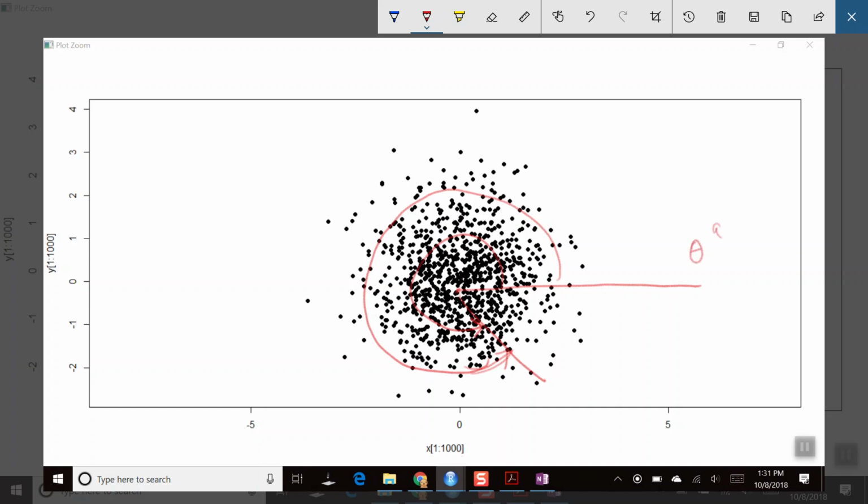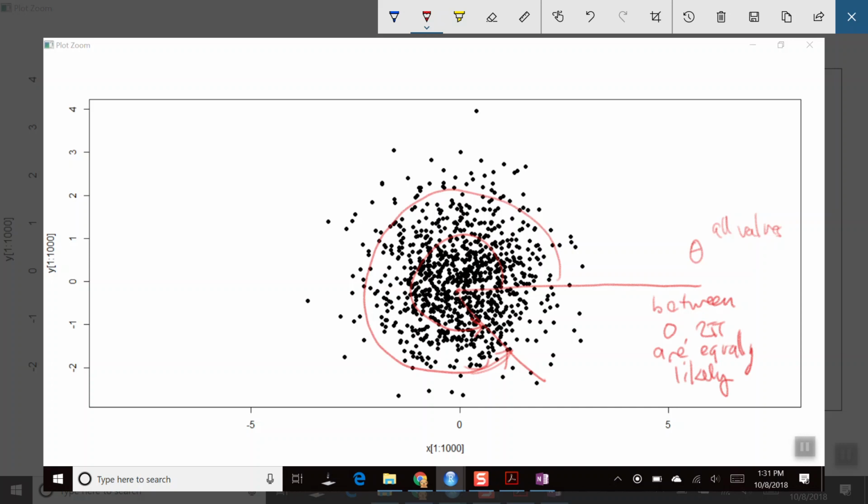Okay, all values between 0 and 2 pi are equally likely. Okay, so that part's good. All right, and that's the random uniform part.